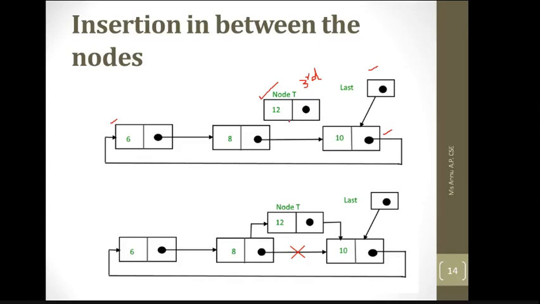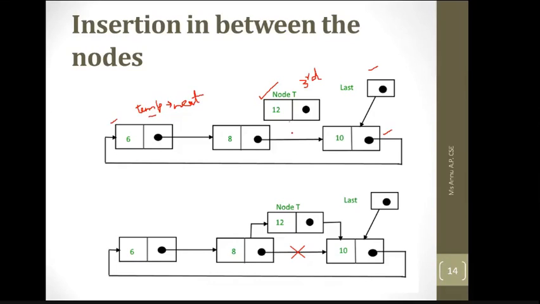To insert this 12 at the given position, first you need to search the given position with the help of some loop. First you need to store the address of the head in a temporary pointer, and once you have the address of the head in this temporary pointer, you can shift on the next pointer by accessing the temp next address at each step.